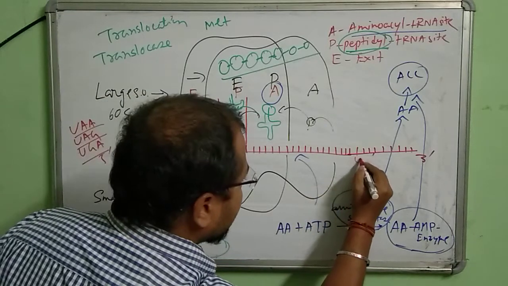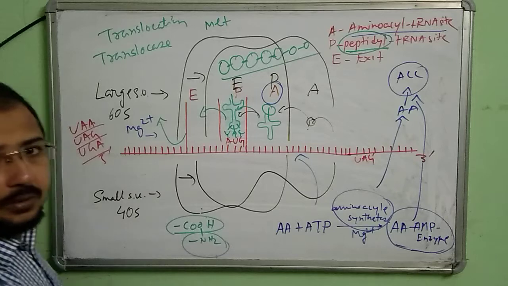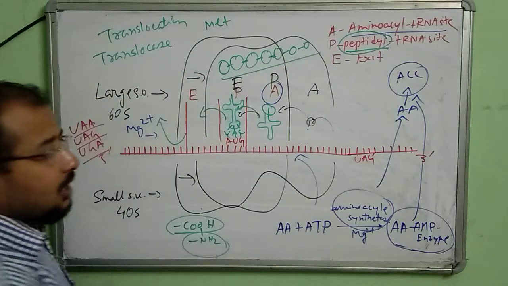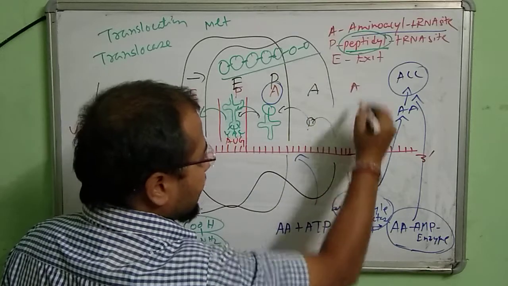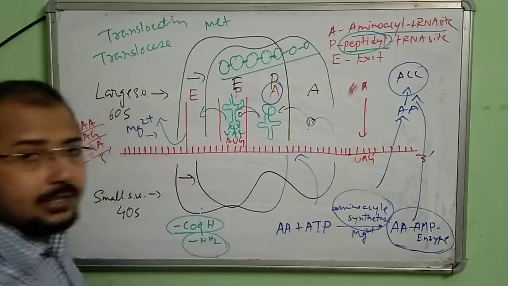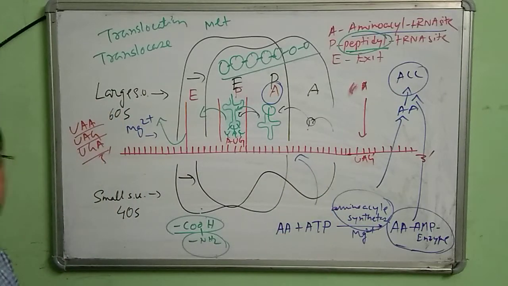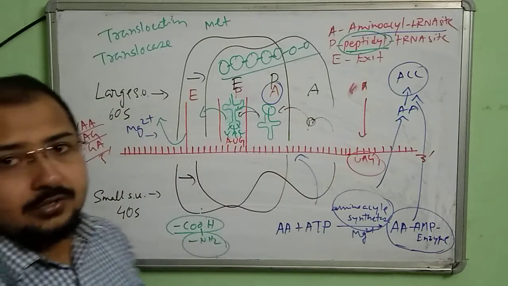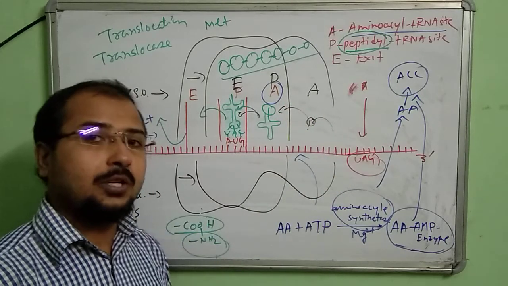Suppose this is a site where UAG is there, for example. As the ribosome is moving on the mRNA strand, when the A site reaches the stop codon site, UAA or UAG or UGA, whatever it is, the process of translation, or the process of protein formation, will stop.